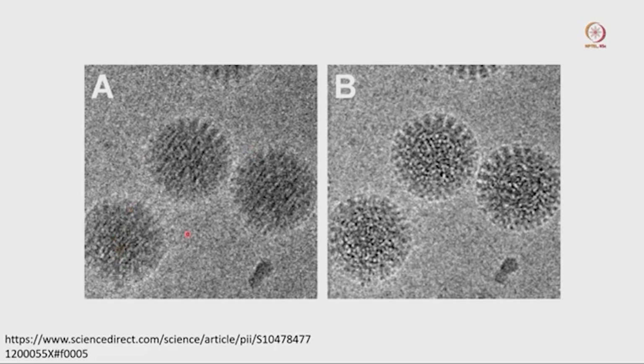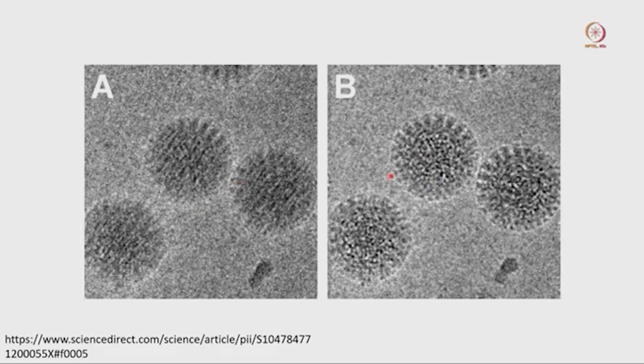Now the same virus particle we consider, and we corrected the drift. When we corrected the drift, we can see a lot of individual features very well distributed all over the virus particle, and it is clearly visible from these two different images. This is before drift correction and this is after drift correction.